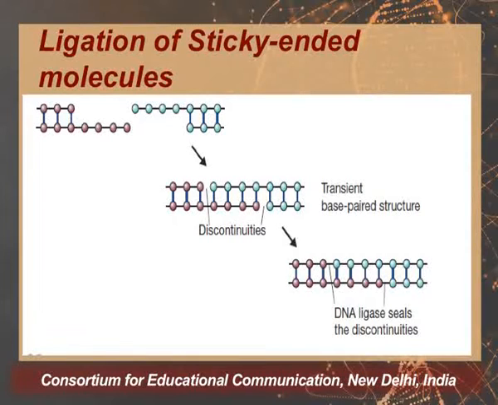Now when we talked about restriction endonucleases, we said that they can produce two different types of ends. If they cut in a staggered way, where the cutting position on one strand is different from the cutting position on the second strand, then they give rise to what are called sticky end molecules, which are shown here, and which will have overhangs.